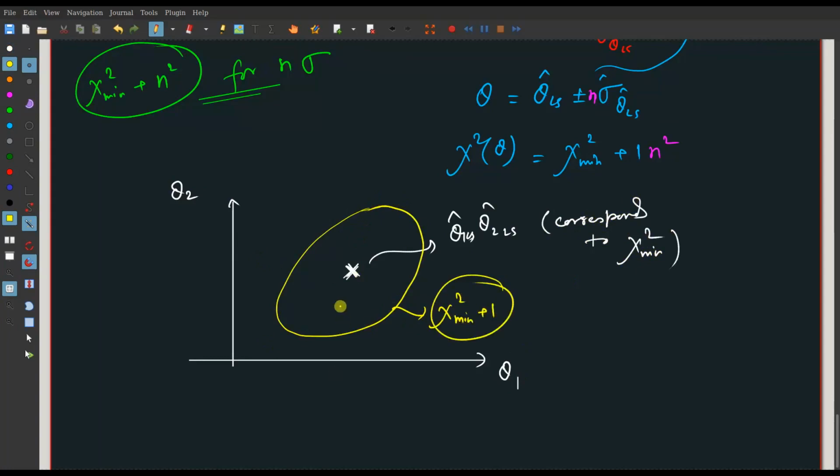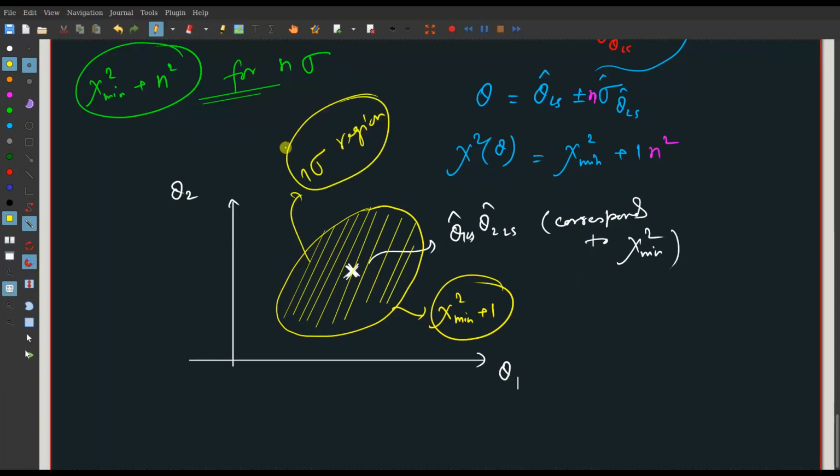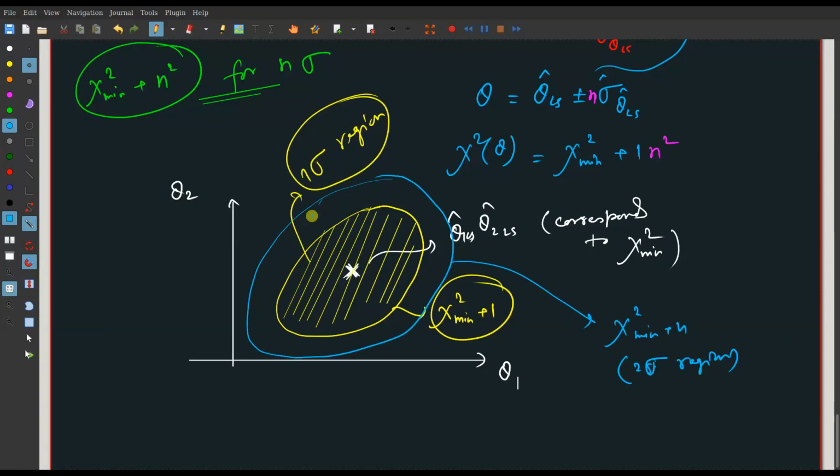Then this is your 1 sigma region. And if you want a 2 sigma region, you go to chi-square mean plus 4. So if this contour is your chi-square mean plus 4, then this will be a 2 sigma region.